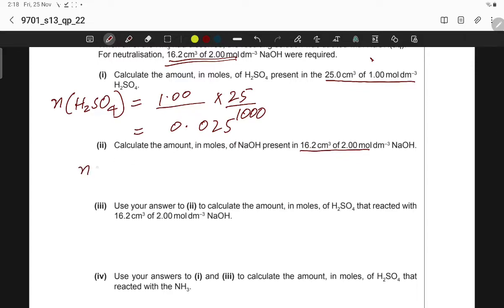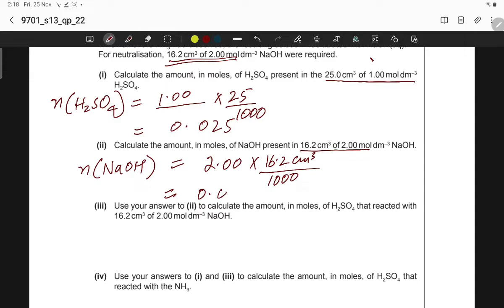Mole of sodium hydroxide is equal to concentration 2 mole per dm cube into 16.2 centimeter cube, so divided by 1000 to equalize the unit. This is equal to 0.0324.